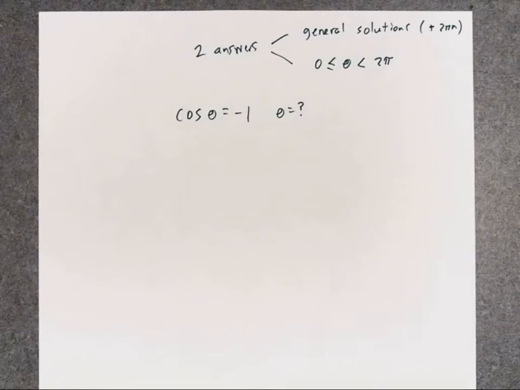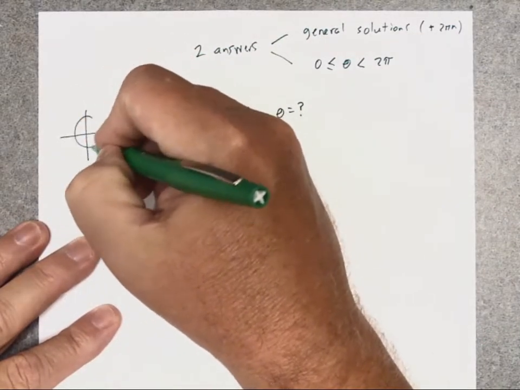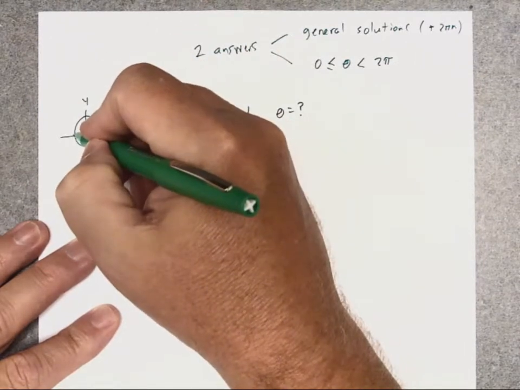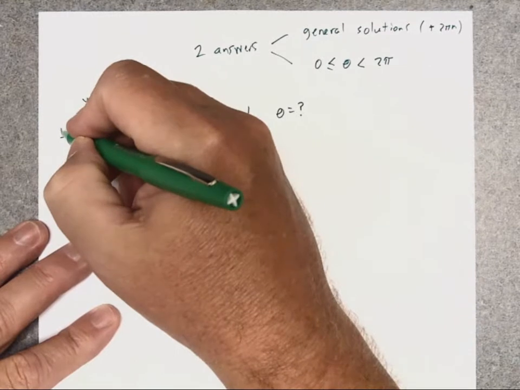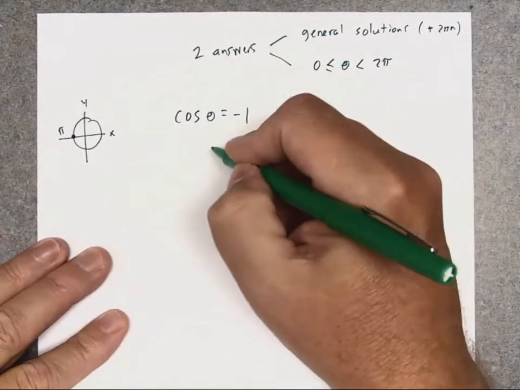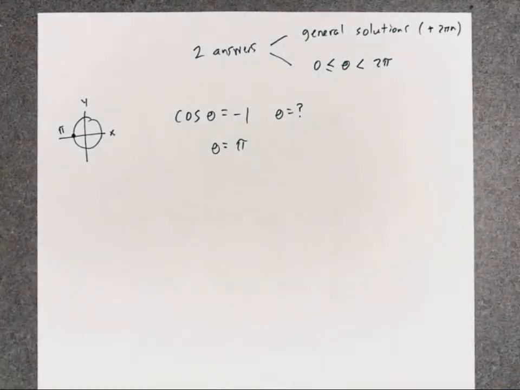Once again, this is why I stress learning the unit circle. If you go to the unit circle, let's find an angle where the cosine is -1. Where the cosine is -1 over here, what angle is that? That's pi. So we say to ourselves, well, pi is going to be a solution.